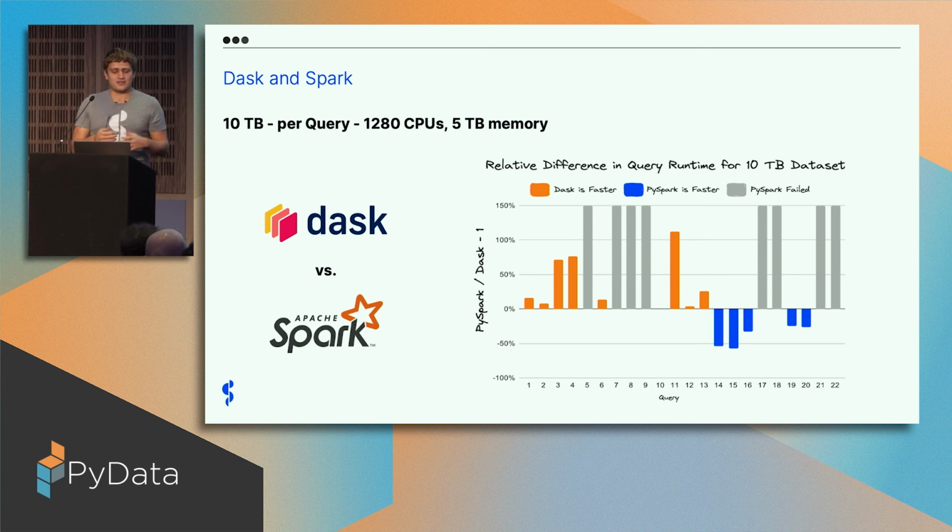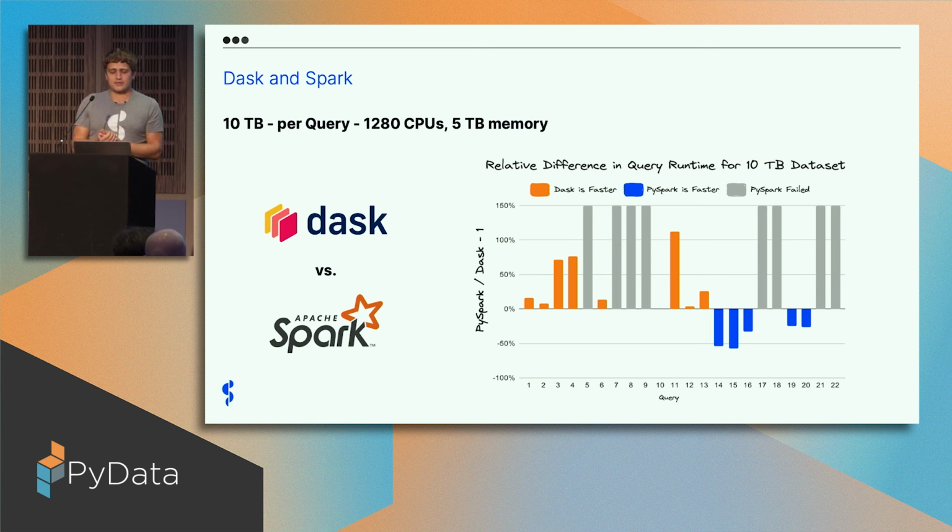It just doesn't work on 500 gigabytes of memory. So we tried on 5 terabytes. And surprisingly enough, it worked now. So we actually got results for some queries, but it's still failing with timeouts for the queries that are more involved and require calculating on a lot of data.